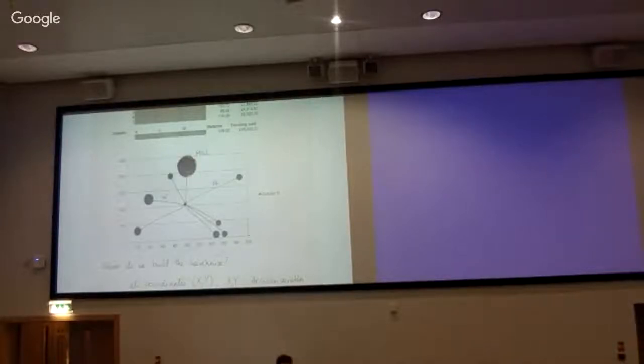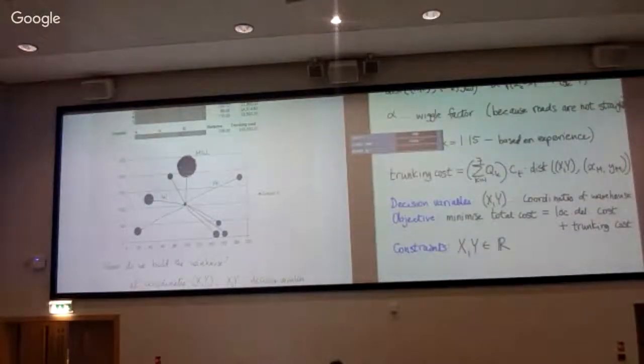Okay then, how do we solve the model? How do we solve the model? Any guesses how we solve the model? Spreadsheet, yes. I've got one here, look.